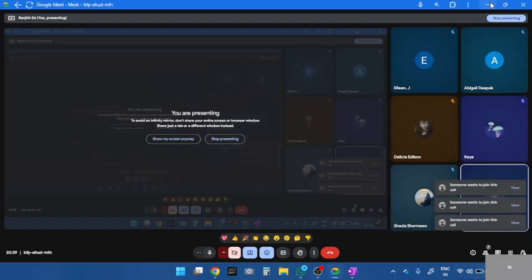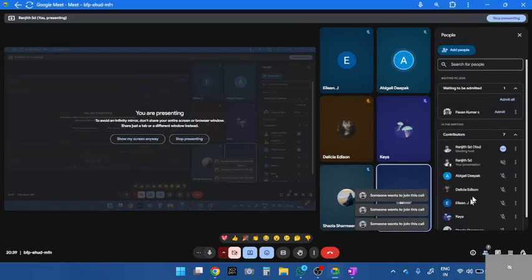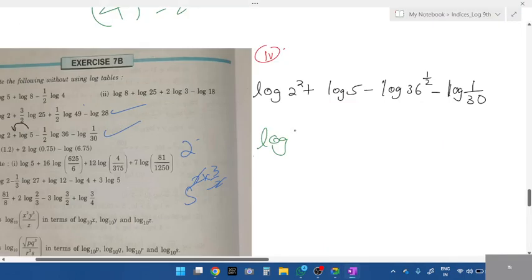Can you see the screen? Yeah, tell me the answer, Delisha. What is 2 square?